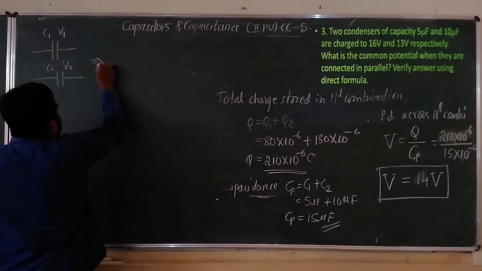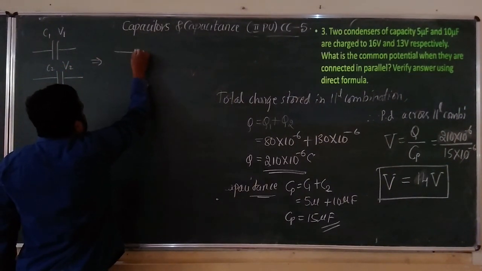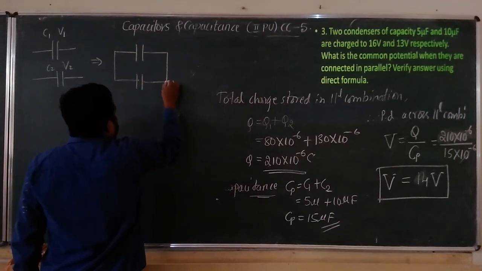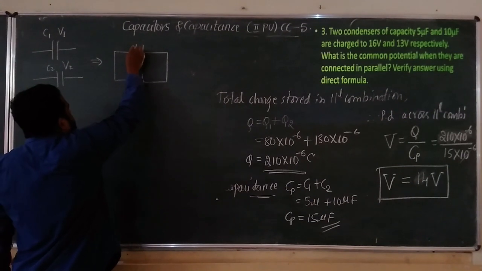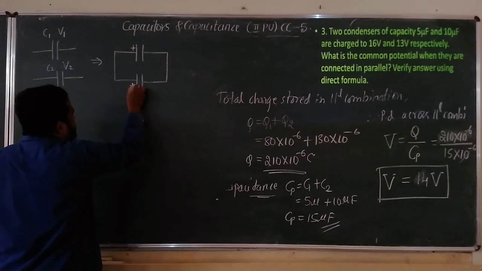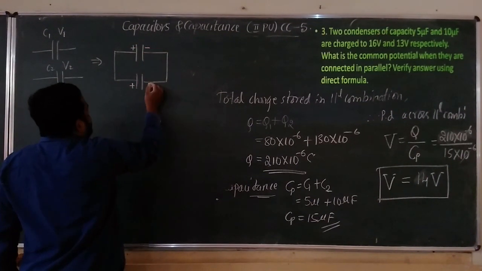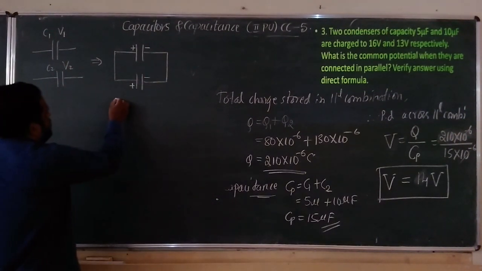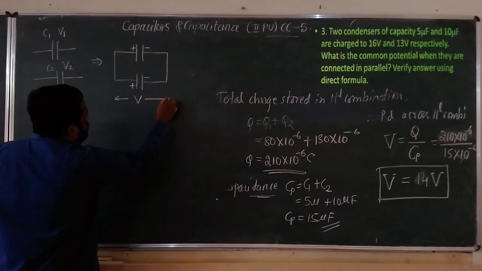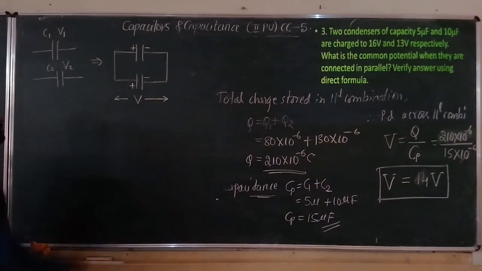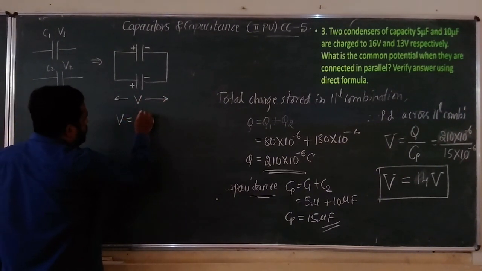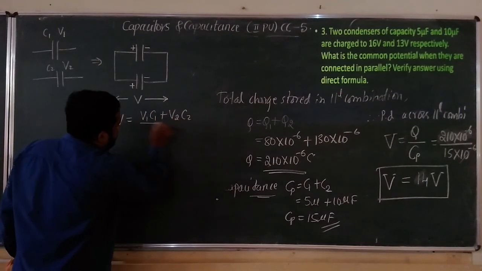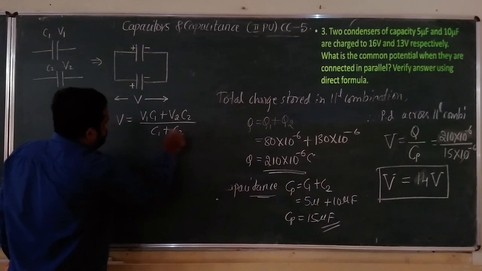If after charging these are connected in parallel, with the positive plate of one capacitor connected to the positive plate of the other, and negative plate to negative plate, under that condition, what is the common potential difference after connecting these two? It is given by the formula V is equal to V1 C1 plus V2 C2 divided by C1 plus C2.